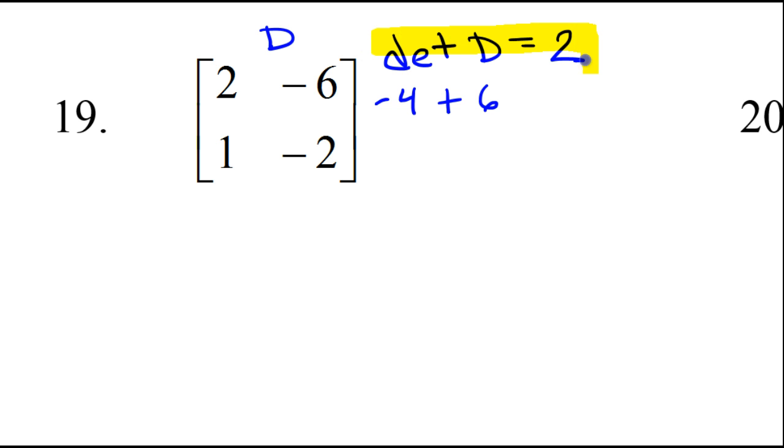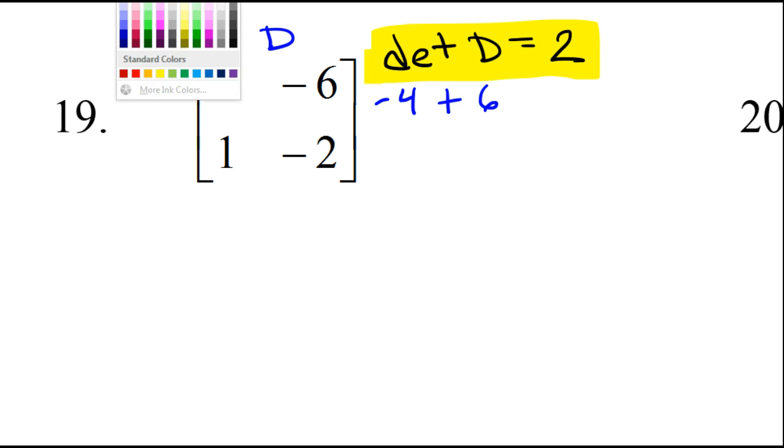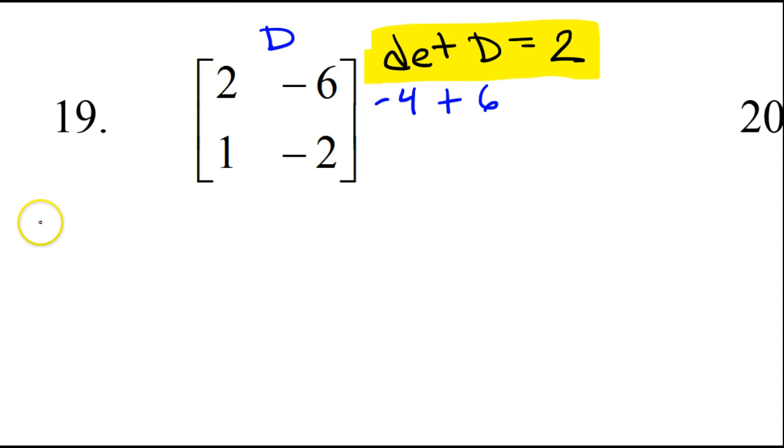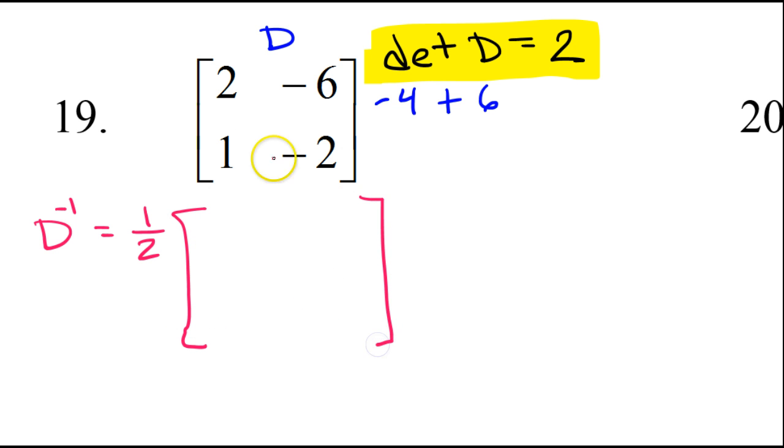Alright, thus endeth step 1. Now step 2. For step 2, if I want to find D inverse, I'm going to do the reciprocal of the determinant. So that's going to be 1/2. And then I'm going to do the reverse negate matrix.